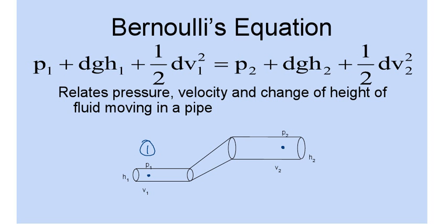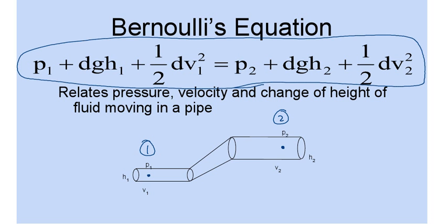I want to pick a point somewhere else on the pipe and call that point 2. And anytime I have a setup like this, whether the pipe gets smaller, bigger, whether it goes up, down, whatever happens, Bernoulli's equation, this big mess, is the equation that links several variables together.